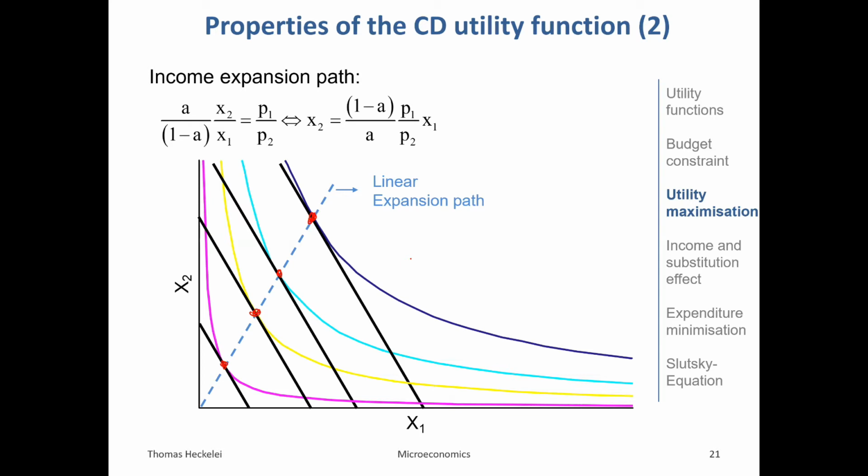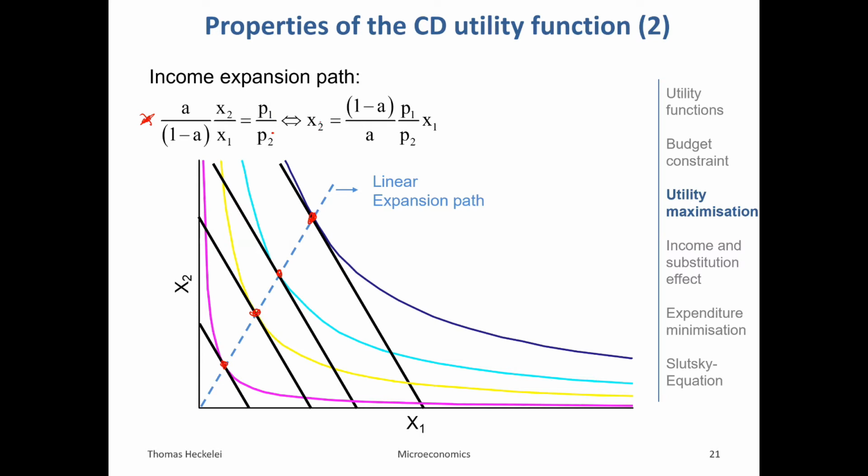Why can we say that it is linear in this case? Let's look at this equation. This is something we got on the way when we derived from the first order condition of utility maximization. At one point we had this already.